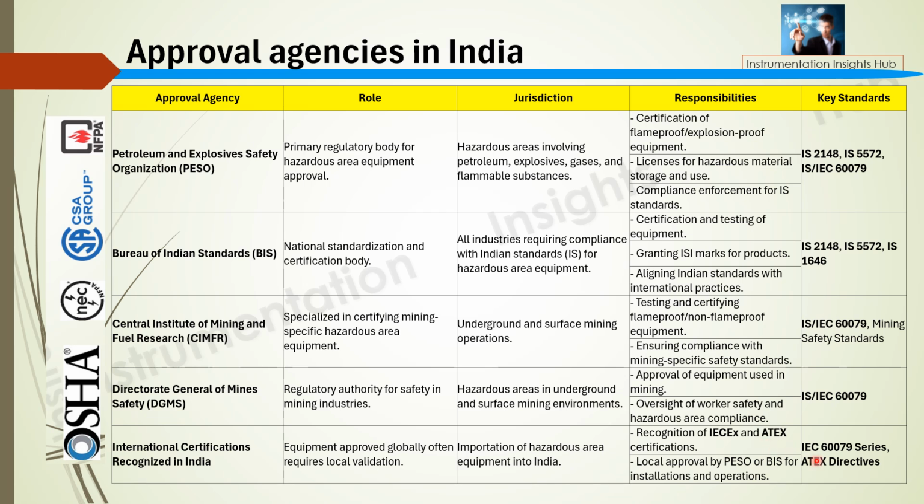This is the most important thing: the IEC 60079 series, the ATEX directive, and IS are all the same. So equipment used here in India should be ATEX or IEC approved, right?